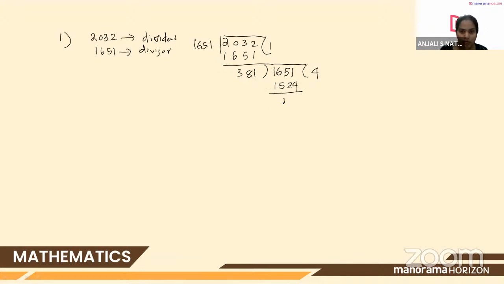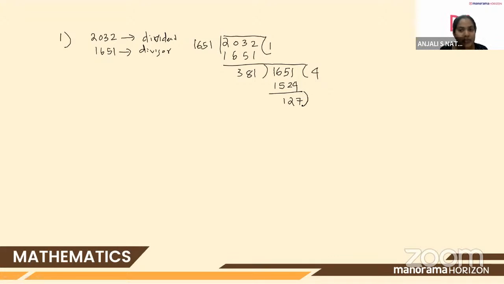Subtract this, we get 127. Again the remainder is not equal to 0. Check the remainder and the divisor: 381 is greater than 127.